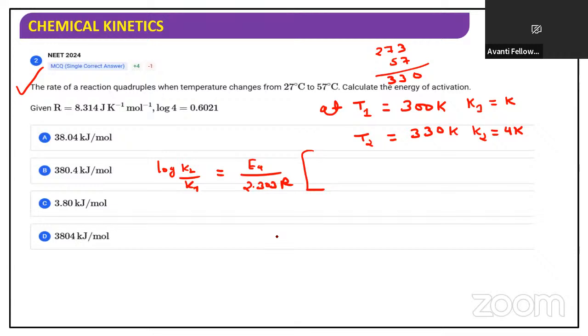Beta, basically in this question they are saying the rate of reaction quadruples, means when the temperature changes from 300 Kelvin to 330 Kelvin, the rate constant becomes quadruple. Quadruple means four times, right?